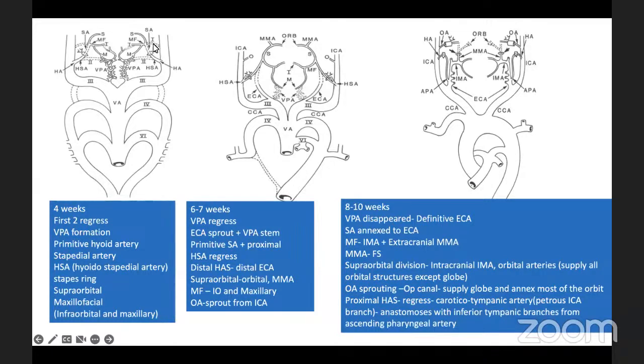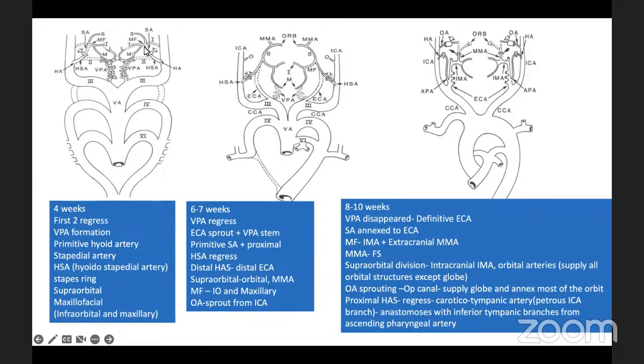The distal part of the first pharyngeal artery and the proximal part of the 2nd pharyngeal artery form the stapedial and hyoidostapedial artery. So they fuse, and the first pharyngeal artery remnant is the primitive mandibular artery. The hyoid artery and the stapedial artery at the stapes segment form the hyoidostapedial segment.